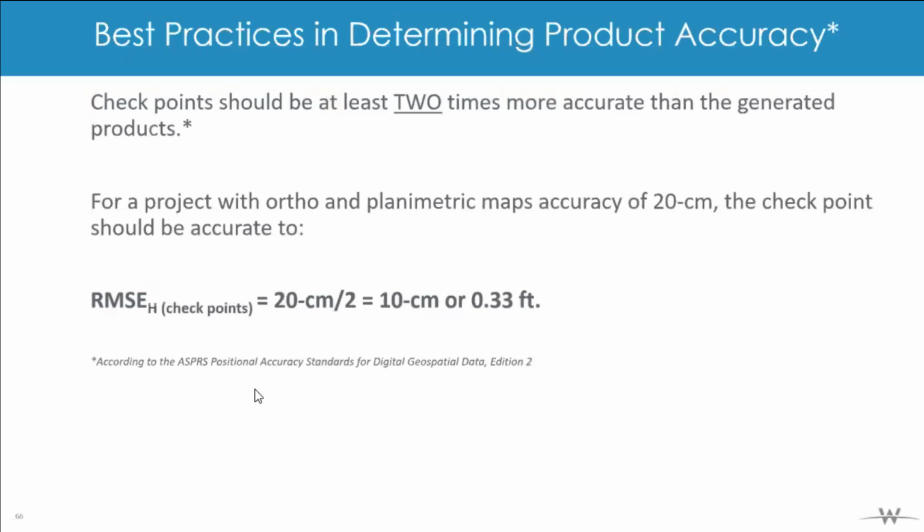So for a project with ortho, with a planimetric horizontal accuracy requirement of 20 centimeter, the checkpoint should be accurate to 10 centimeter or better, which is not a problem because RTK people are getting 2 centimeter on a regular basis for horizontal and vertical.